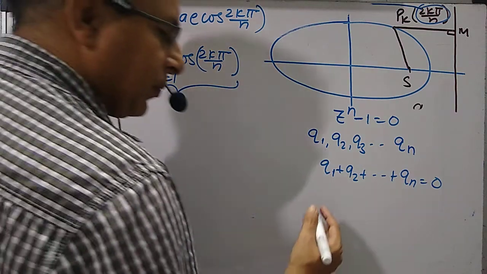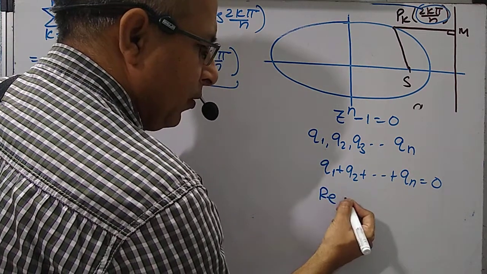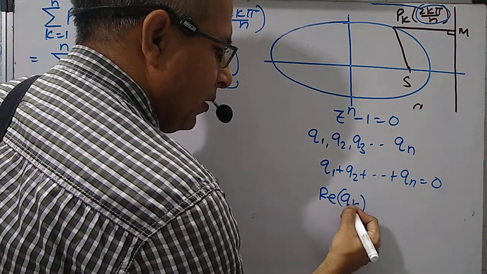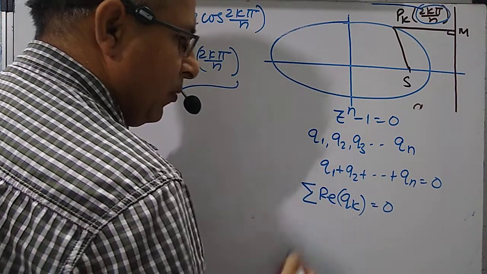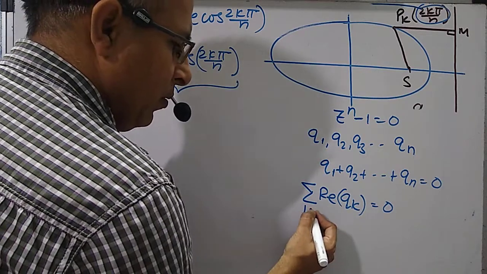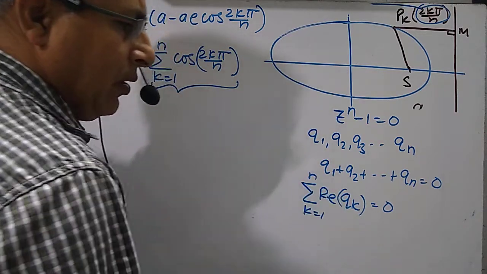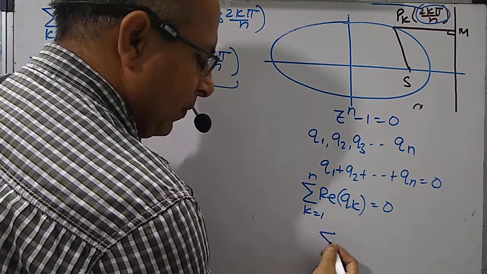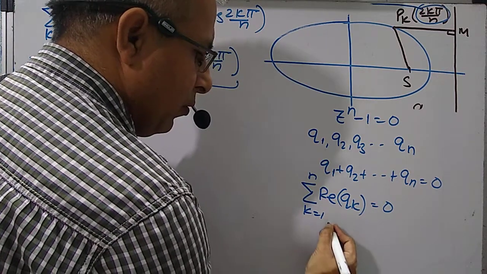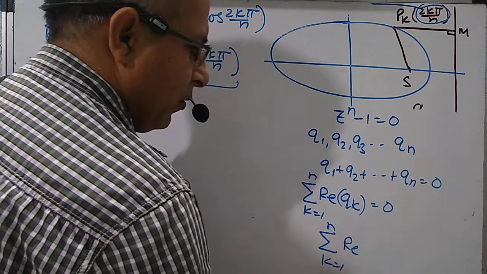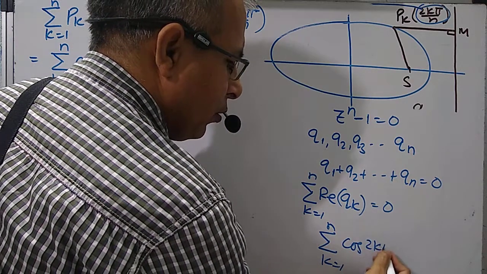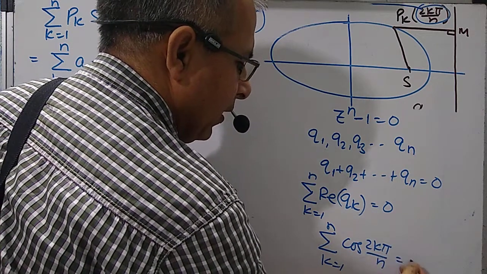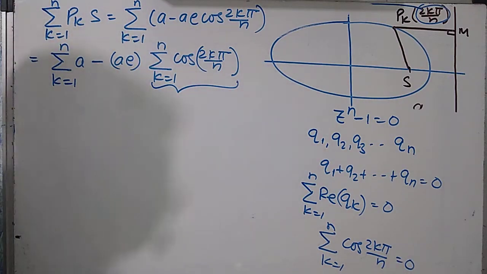So it becomes the real part of qk, and this must be 0. So we can write sigma of real part of qk equal to 0, k equal to 1 to n. So what is the real part of qk? The sigma k equal to 1 to n of the real part of qk, and the real part of qk is replaced by cos 2k pi upon n, and this is equal to 0.